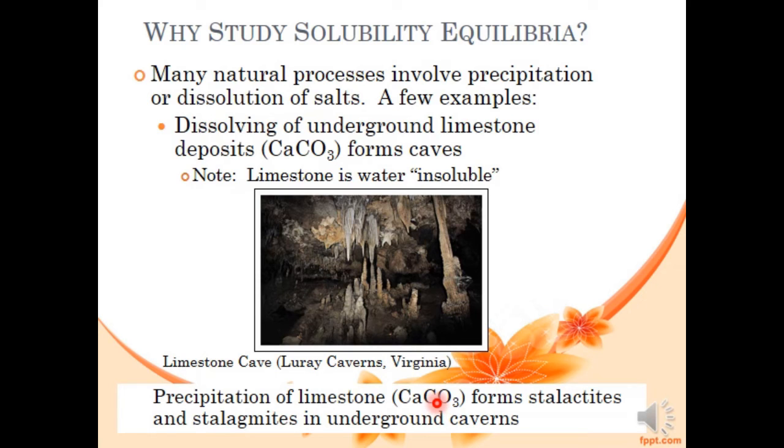Calcium carbonate is insoluble. When you write the expression for calcium carbonate, you get Ca2+ and CO3 2-. The reaction is directed towards the reactant side, that's why you get the solid, the insoluble formation of stalactites and stalagmites.